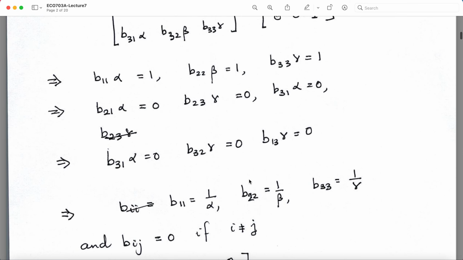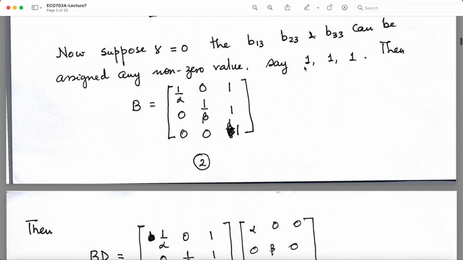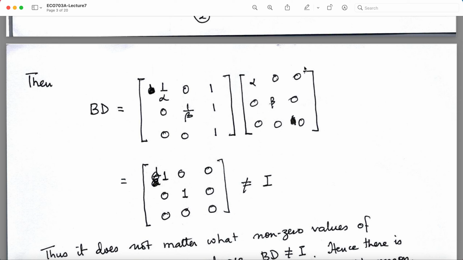And anyway, from here it is already clear that these sort of things cannot happen in this particular case. So if gamma equal to 0, you cannot find an inverse, which means that the matrix is not invertible. So it's not a surjective and not a bijective map. It means it's neither surjective nor injective, because for a linear map from Rn to Rn, as you have learned earlier, injective and surjective are the same thing.